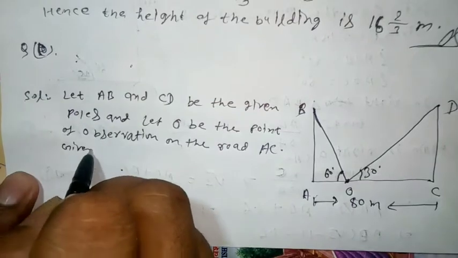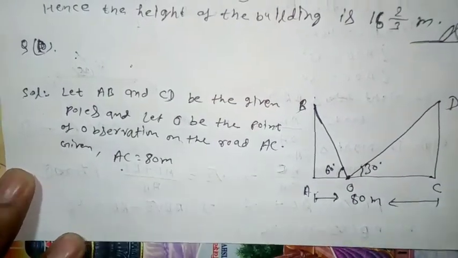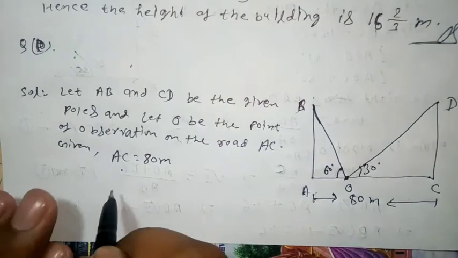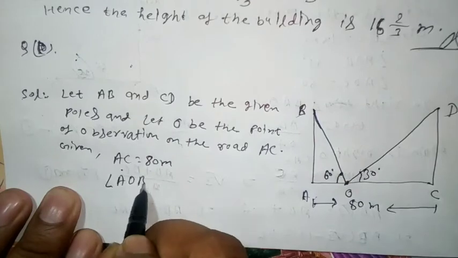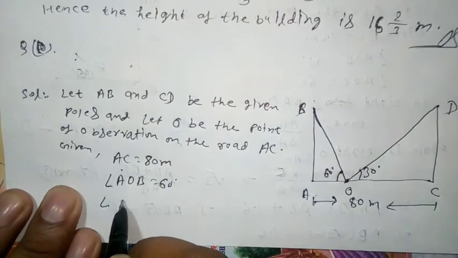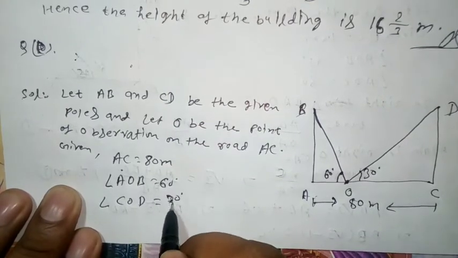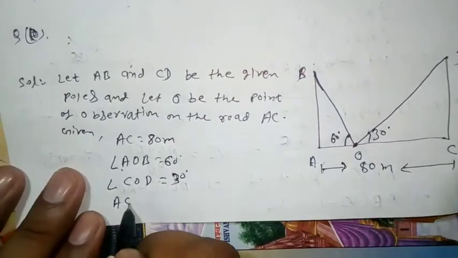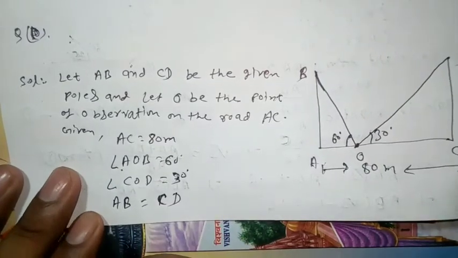Given AC is equal to 80 meter, angle AOB is equal to 60 degree, angle COD is equal to 30 degree, and AB is equal to CD.